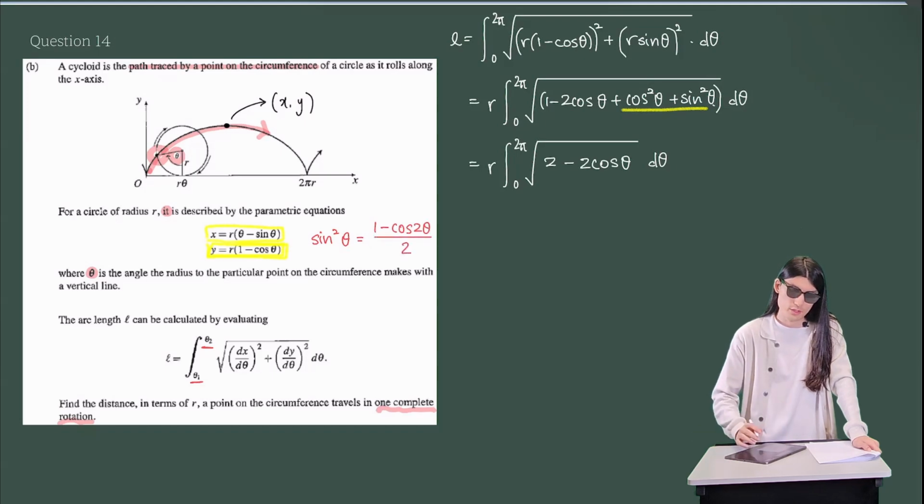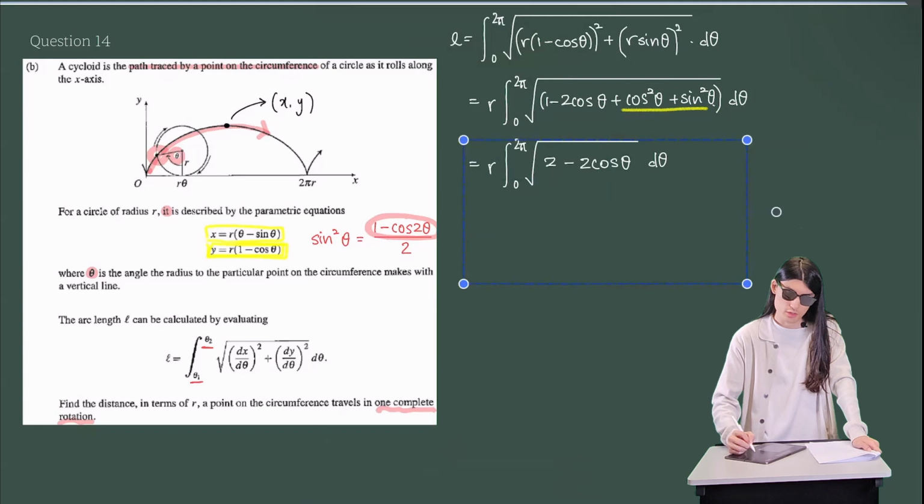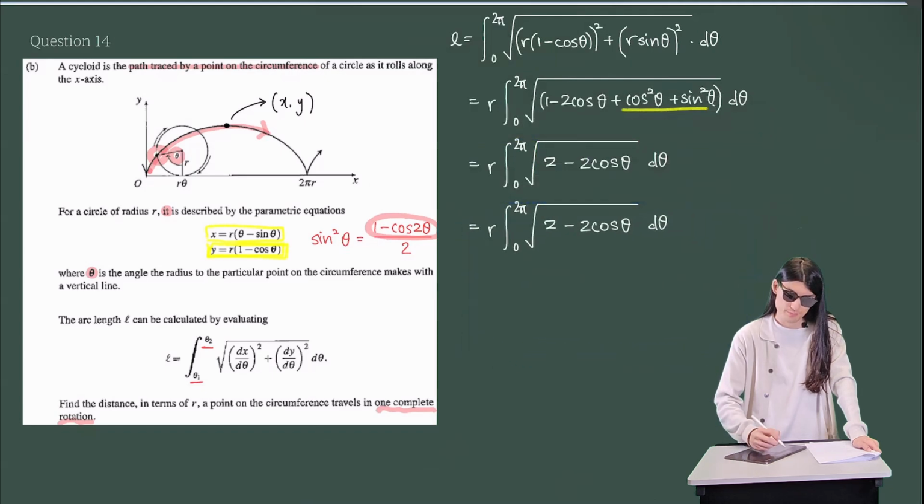Okay, and what I'm making use of is that under my square root, I essentially have this part. So that part under the square root, you can change into 4 times sine squared theta on 2.